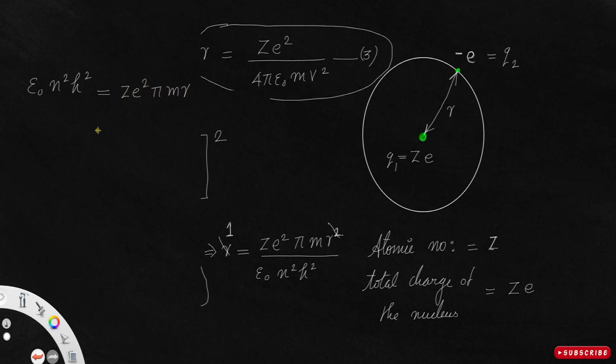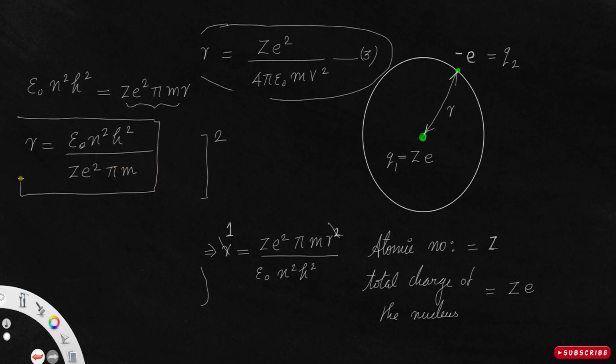Now r will be, taking these values to the left, epsilon 0 n square h square divided by z e square pi m. Okay, this is the expression for the radius. Let's call that equation number 5. So this is the expression for the radius.